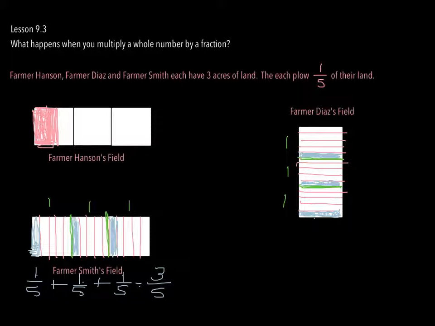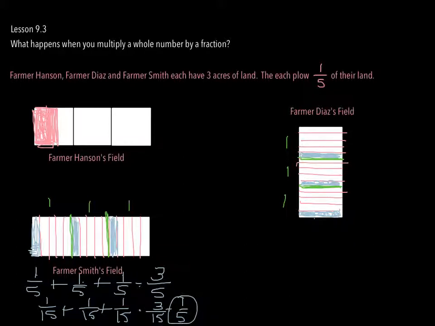Now, is that the total that he plowed? No, not at all. Because if we look at this total, there are 15 totals. So 1/15 plus 1/15 plus 1/15, and we're going to get 3/15, which is 1/5.